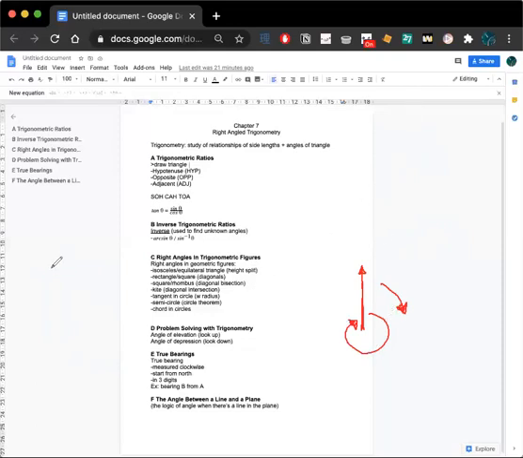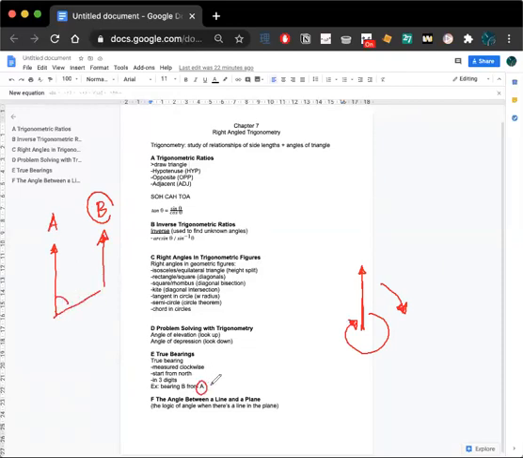For example, say you want to look for the bearing of B from A. Let's just say B is right here. This is B, this is A. If they say bearing B from A, then they're looking for this angle.